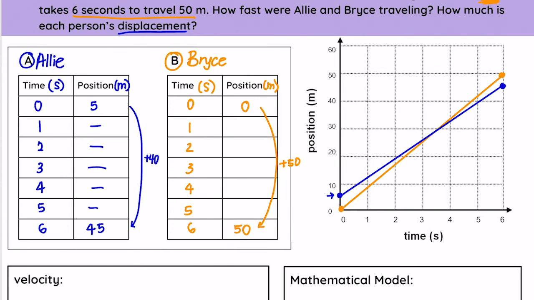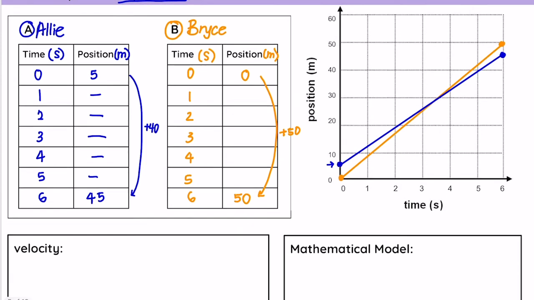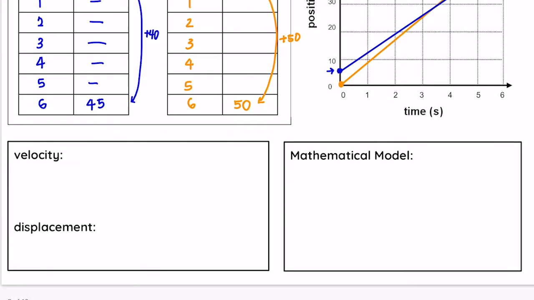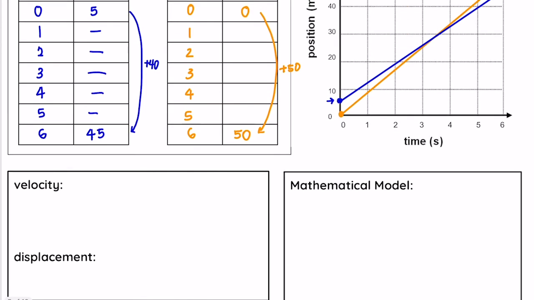All right. So now in calculating the velocity, we're going to go ahead and calculate Allie's velocity. And Allie's velocity is going to be, so I'll just draw a V for velocity and an A as a subscript.